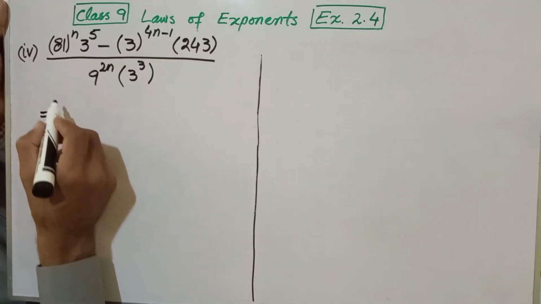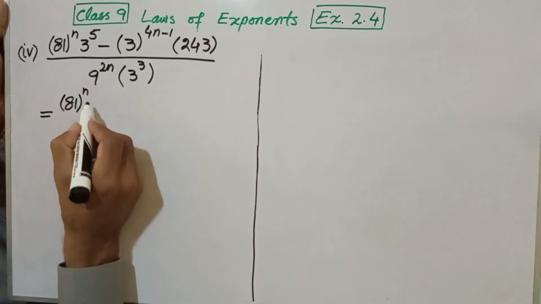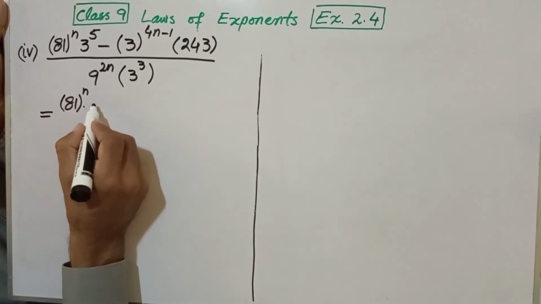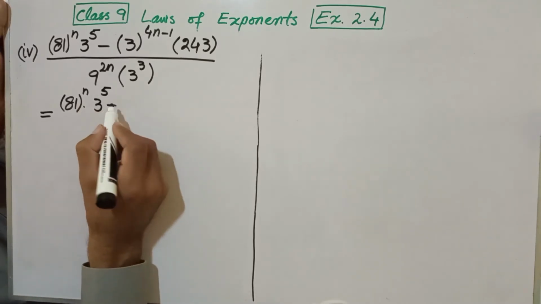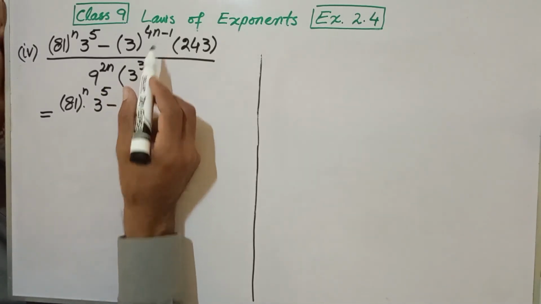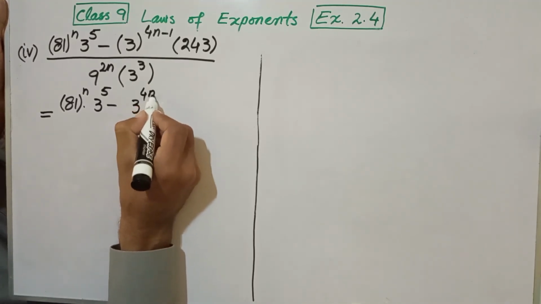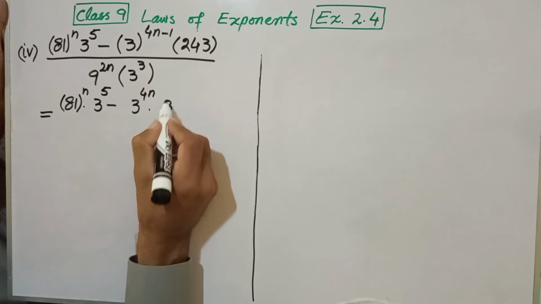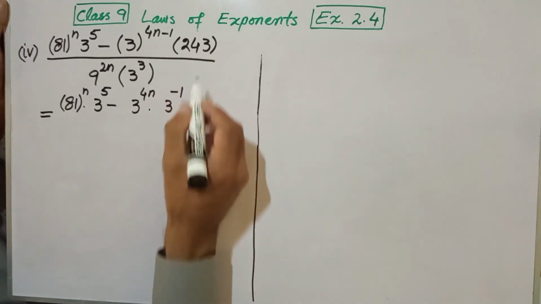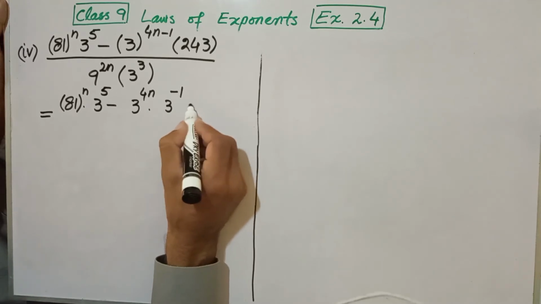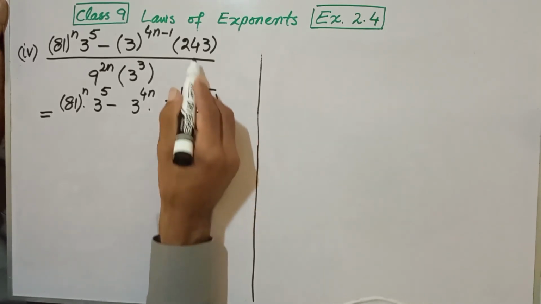This can be written as 81 power n into 3 power 5 minus, here using the laws of exponents we can write 3 power 4n into 3 power minus n, and 243 can be written as 3 power 5.